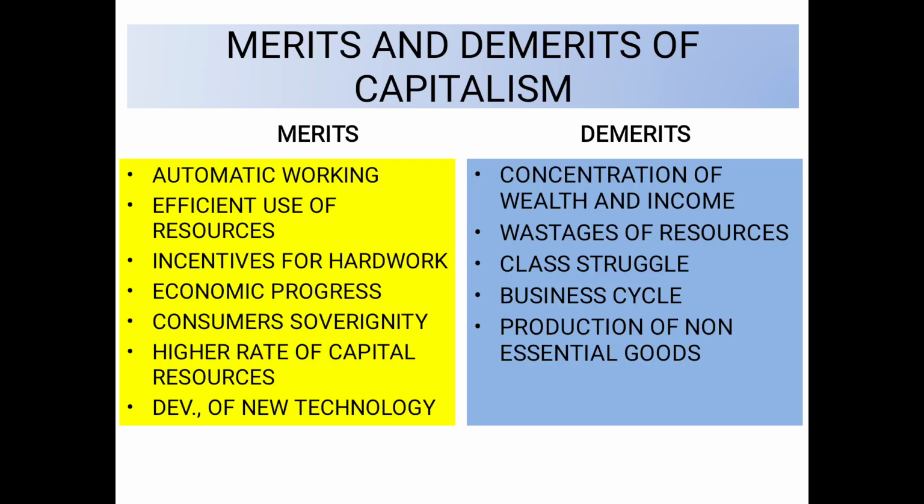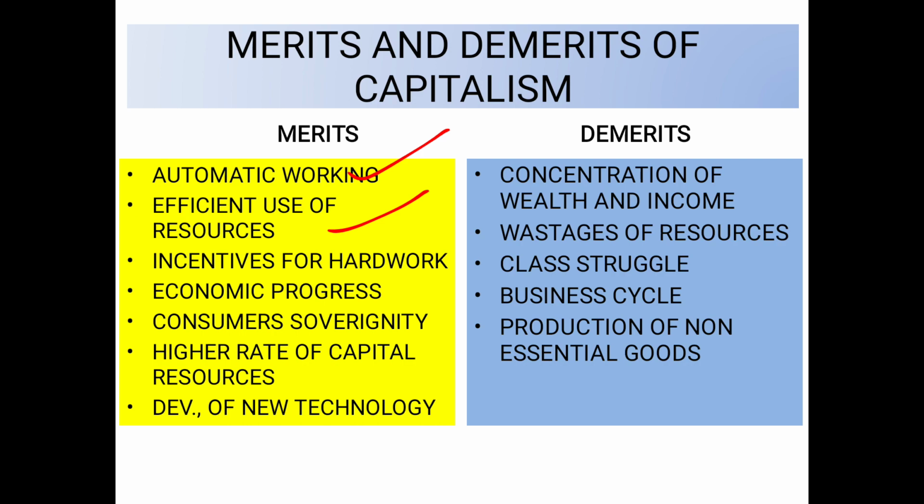Next, let us move on to the merits and demerits of capitalism. First one is automatic working. Because there is no government interference in the economy, it works automatically. Next one is efficient use of resources.